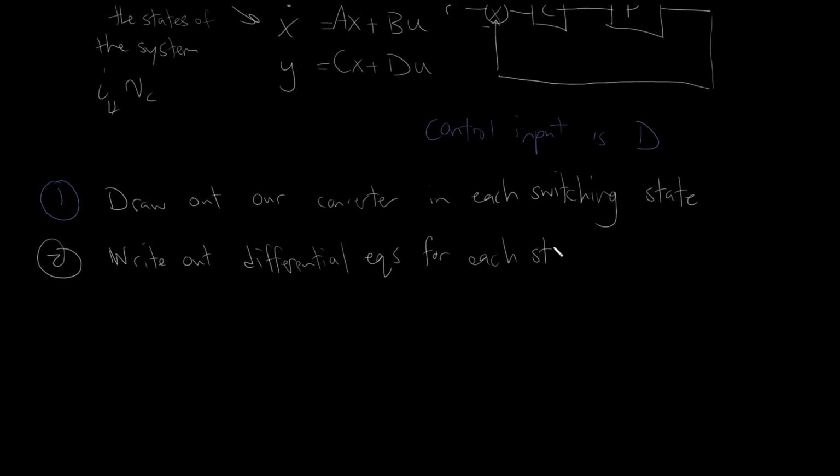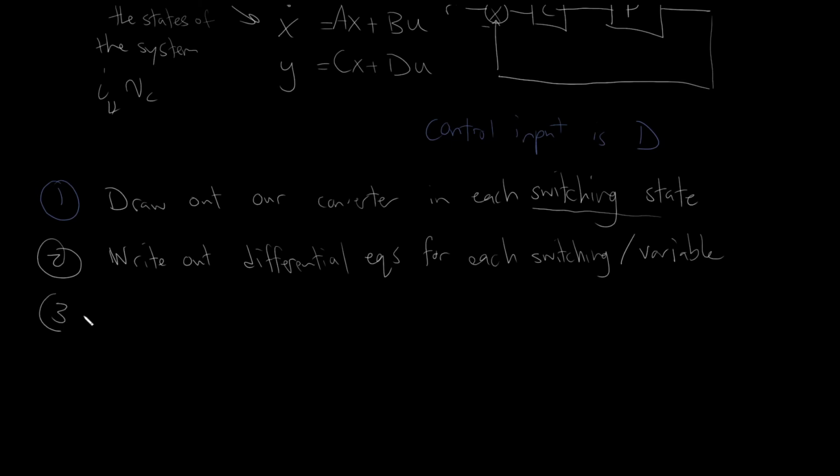I'm going to be careful here, because state is used for a few different things. There's the switching state, the state of the circuit itself. A state variable is like IL and VC and stuff like that. This is the same as what we did before, except instead of doing inductor volt-second balance and averaging out completely, we keep it as a differential equation.